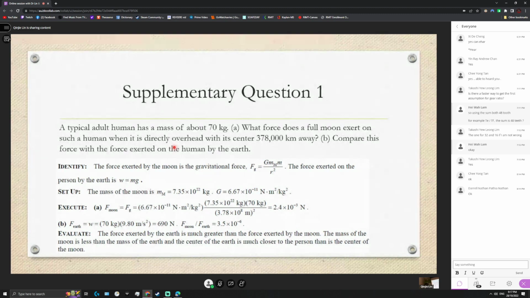Okay, so now I'm just going to briefly run through the formula sheet, but you all should know everything inside already.